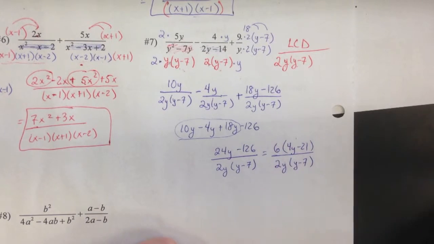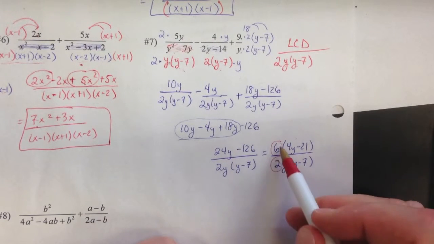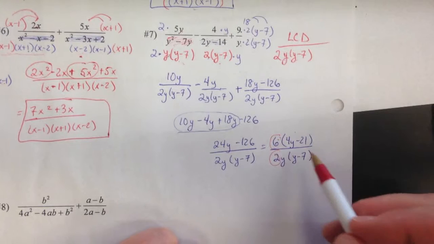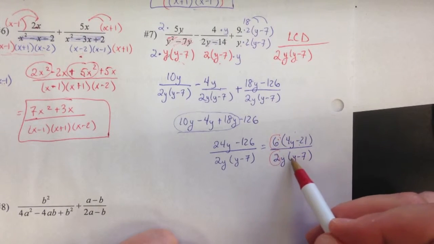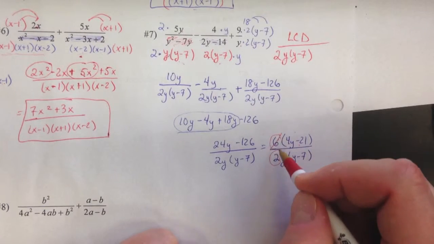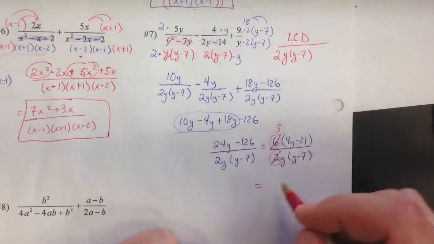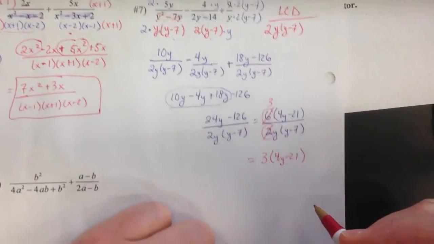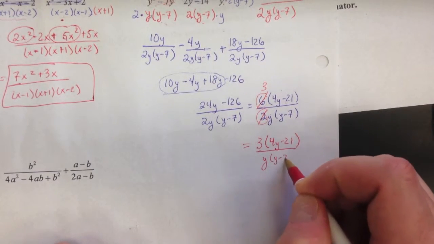You got the 6 here, and you've got this 2 in the bottom. We can actually reduce those. Can't do anything with the 4y minus 21 and then the y minus 7. Can't reduce that, but we could do 6 divided by 2, which is 3. And so our final answer is 3 times parentheses 4y minus 21 over just y times y minus 7.